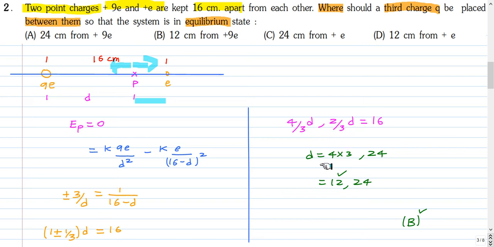So from this we get d as 12 and 24. So d equal to 12 is the situation where the point P lies between the 2 charges. So 24 is not possible. So 12 is the correct answer. So the location of point P is 12 centimeters from the charge 9e. So the correct option is option B.